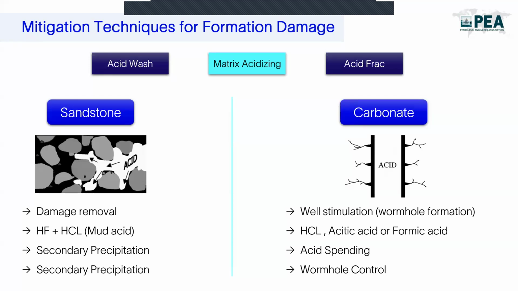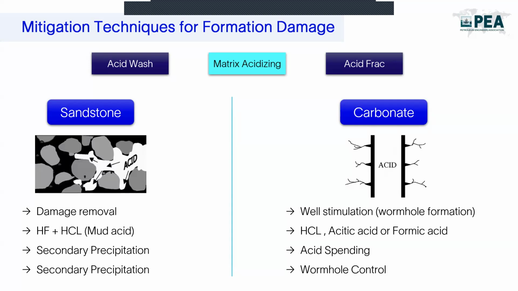So basically it is a well stimulation technique used to improve the permeability of the reservoir rock by dissolving formation minerals near the wellbore. I would like to emphasize that it is near the wellbore. The process differs in sandstone and carbonate formations due to the difference in mineralogical compositions of these rocks.